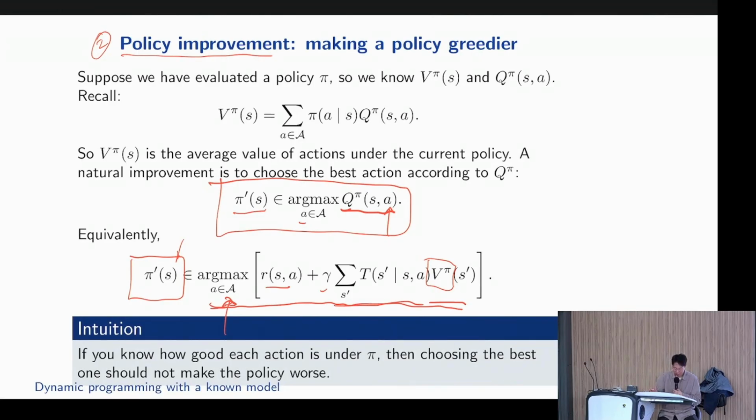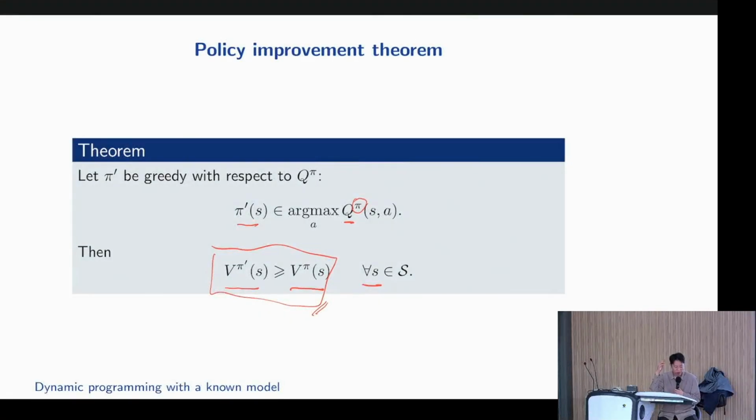If I want to claim that in addition to this theorem, what else do I need? Upper bound for Q pi, V pi. Is there a more direct answer?